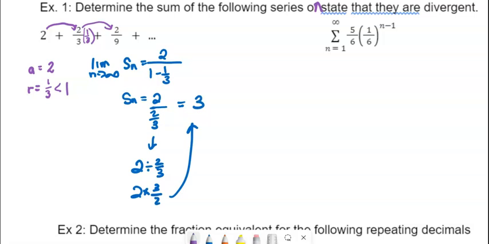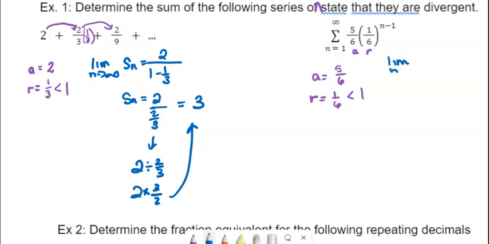Okay, here it is written in this notation. So I can pull out my A and my R from right here. So my A is 5/6 and my R is 1/6. That's just given to me in this setup. And I know that my R is less than 1, so I'm going to be able to determine a limit here.